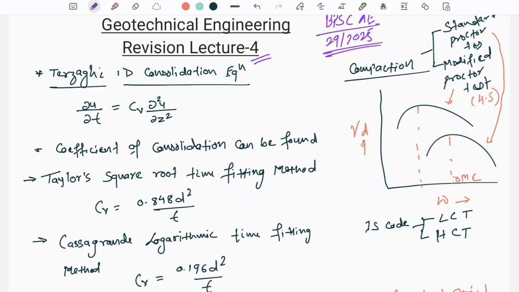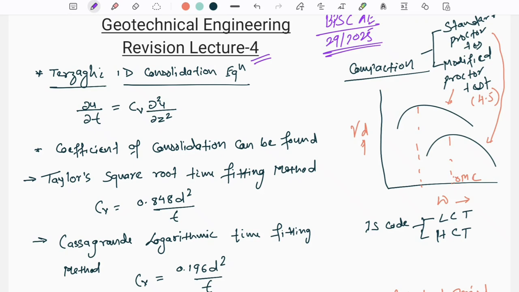Now the next topic is consolidation and compaction. Consolidation is the method of decreasing the volume. As you increase the load, there is an expulsion of water from the soil. That is called consolidation.